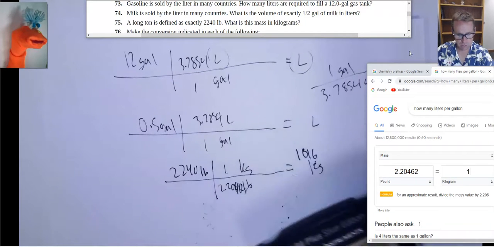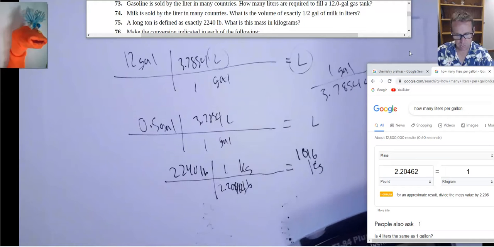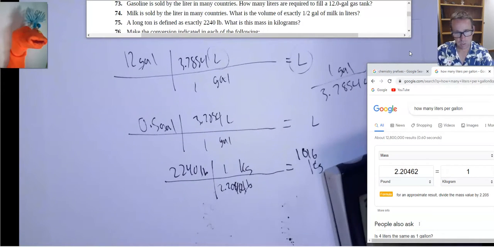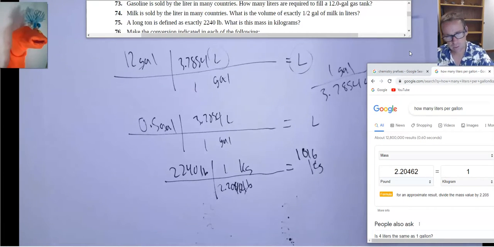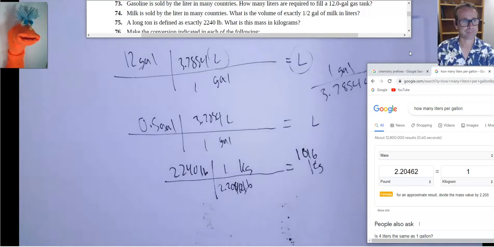If I have 2,240 pounds, 1 kilogram is 2.204 pounds. So I have 1,016 kilograms. All right.